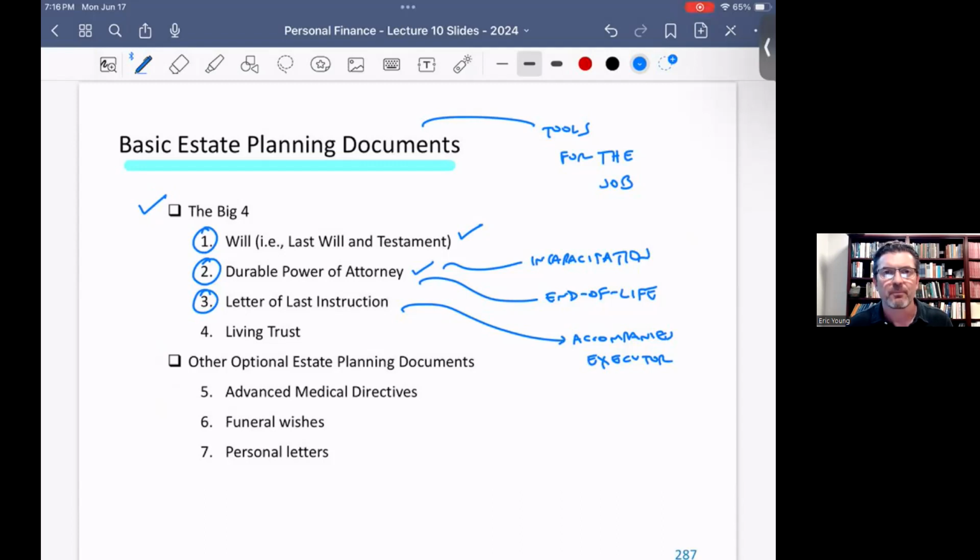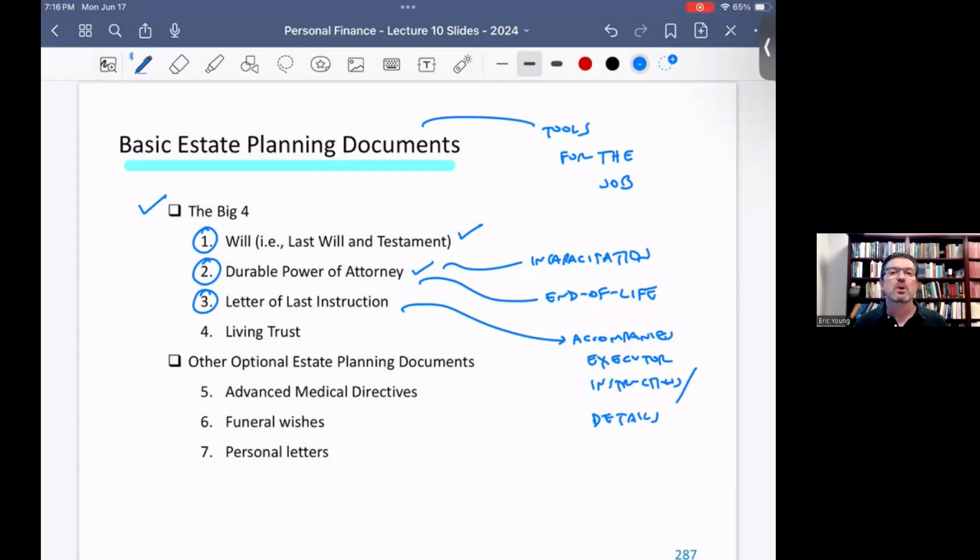So a lot of jargon, but whether it's a personal representative, an executor, or an executrix, this is the person who fulfills your wishes and executes what is laid out in your will. What the letter of last instruction does is just that. It gives instructions and details that will help your executor do their job effectively.